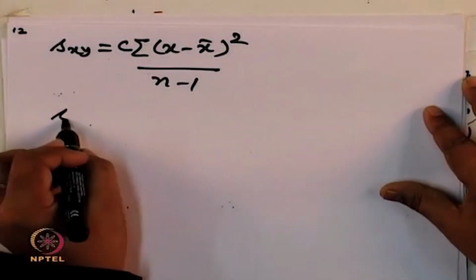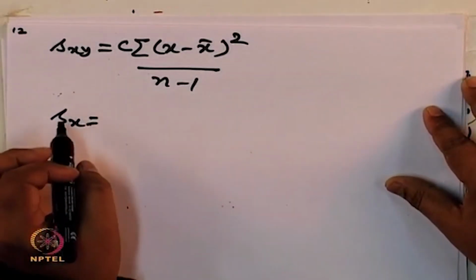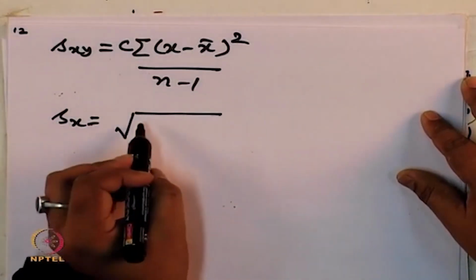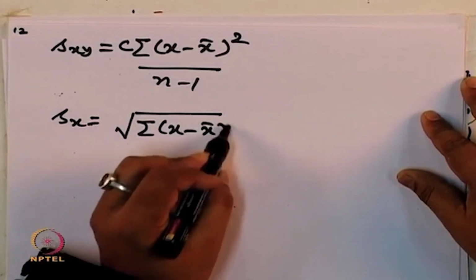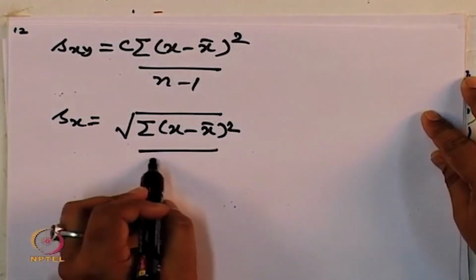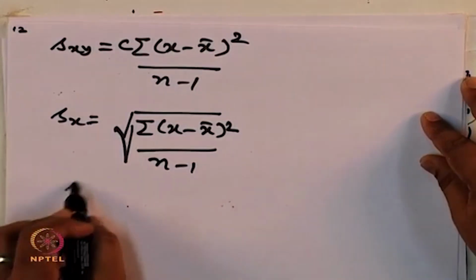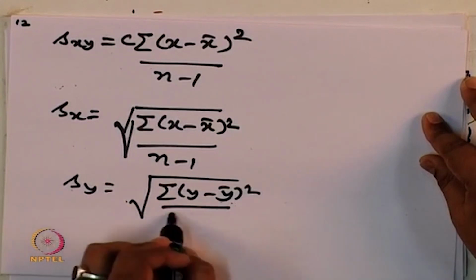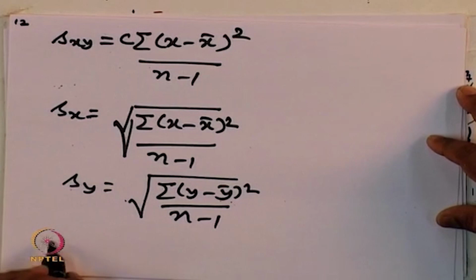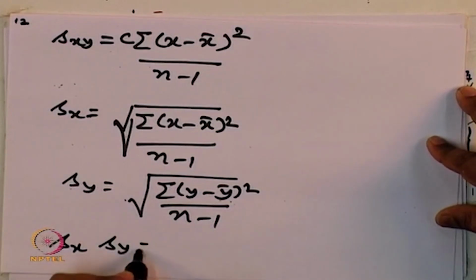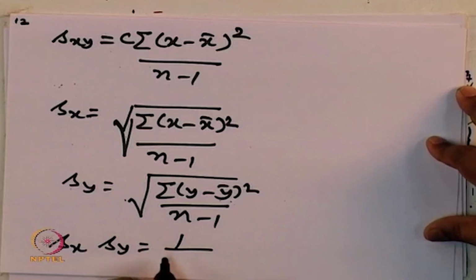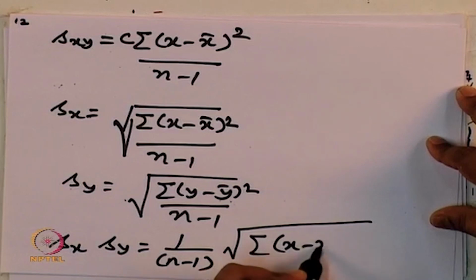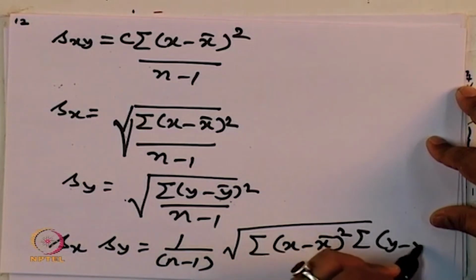Now, Sx is the root of summation x minus x bar whole square by n minus 1, and Sy is equal to the root of summation y minus y bar whole square by n minus 1. So, Sx into Sy will give me 1 by n minus 1, taking n minus 1 common, into root of summation x minus x bar whole square into summation y minus y bar whole square.